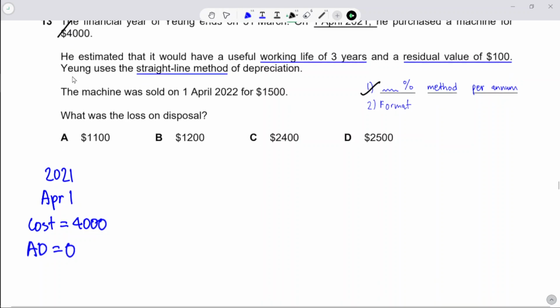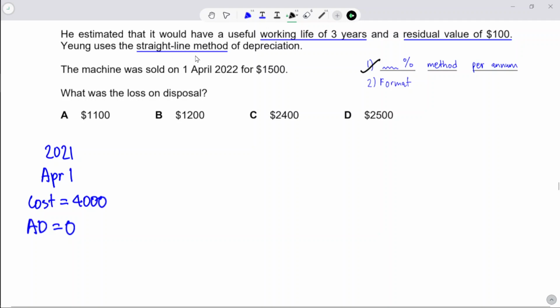Then let's continue. So in 1 year, right?